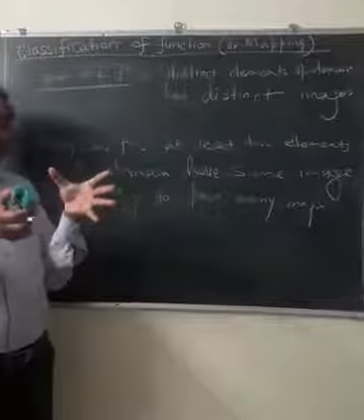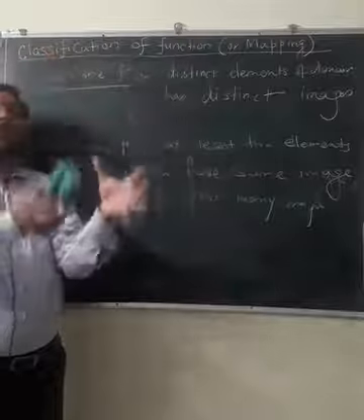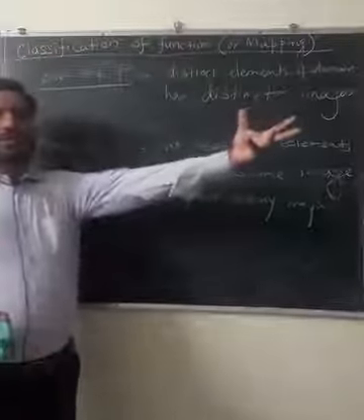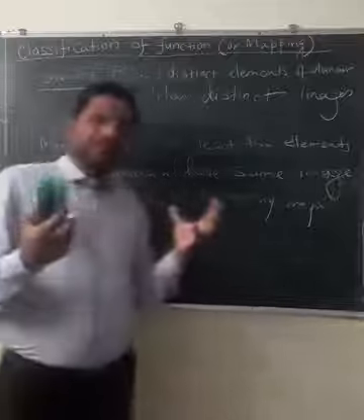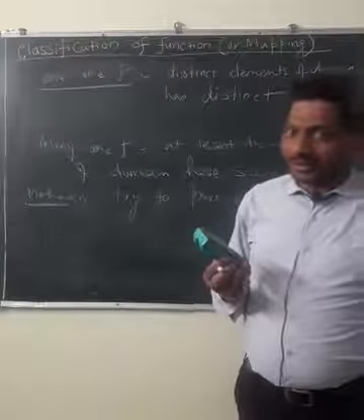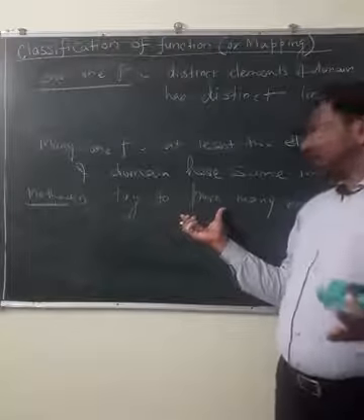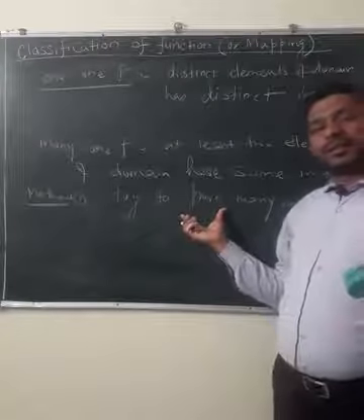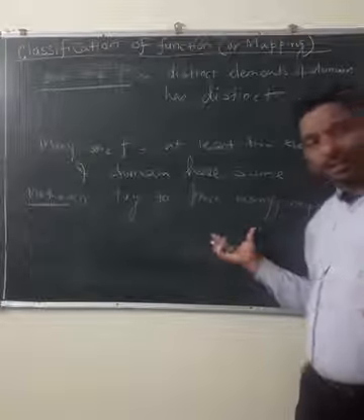What about the one-one function? All the elements of the domain must have different images. It means there are not even two elements in the domain which have the same image. If I guess and find that two elements of the domain have the same image, that means the function is many-one, so it cannot be one-one.